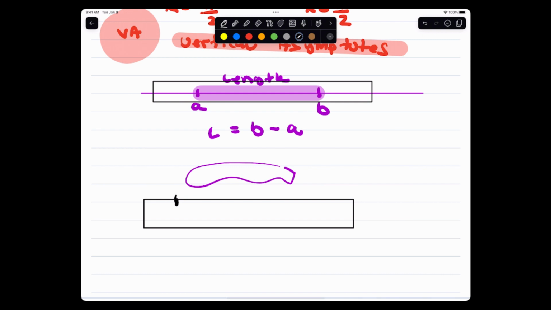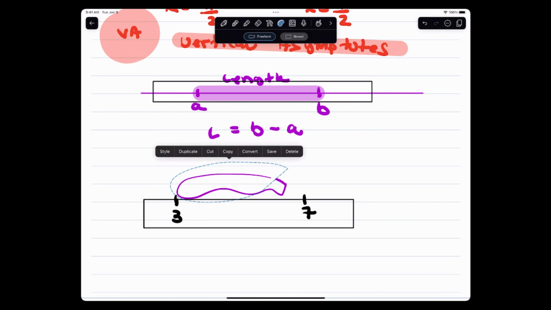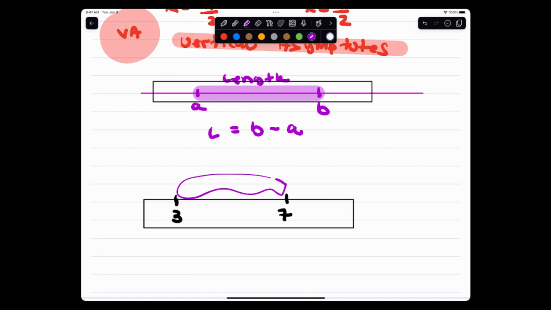If this on the ruler is the 3 dash mark and this is the 7 dash mark, you guys okay with that? What's the distance of the object, or how long is that object? You guys know how many units? It's 4 units.